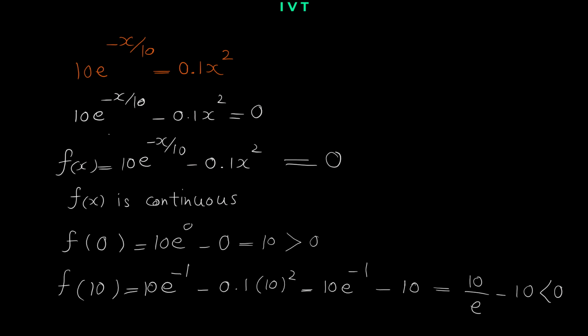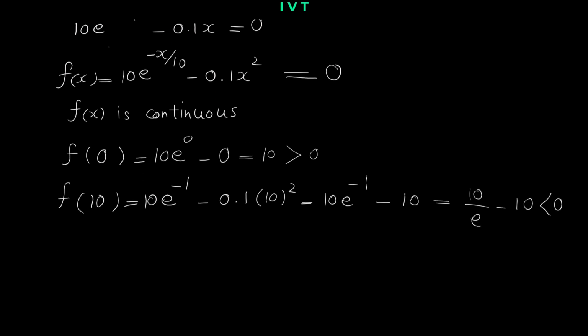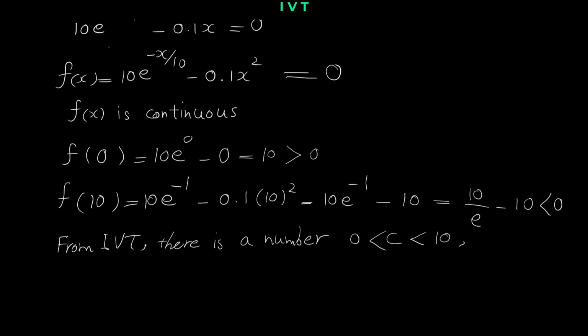But you have to write it this way. So now we say from the intermediate value theorem, there is a number c between 0 and 10, such that f of c would be equal to 0.